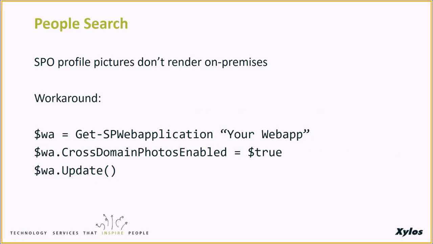So to make that work, you have to change one property on your web application called cross-domain photos enabled and set it to true, and then it will work. If you've ever used ADFS, then you probably know this phenomenon, because that's more or less the same.